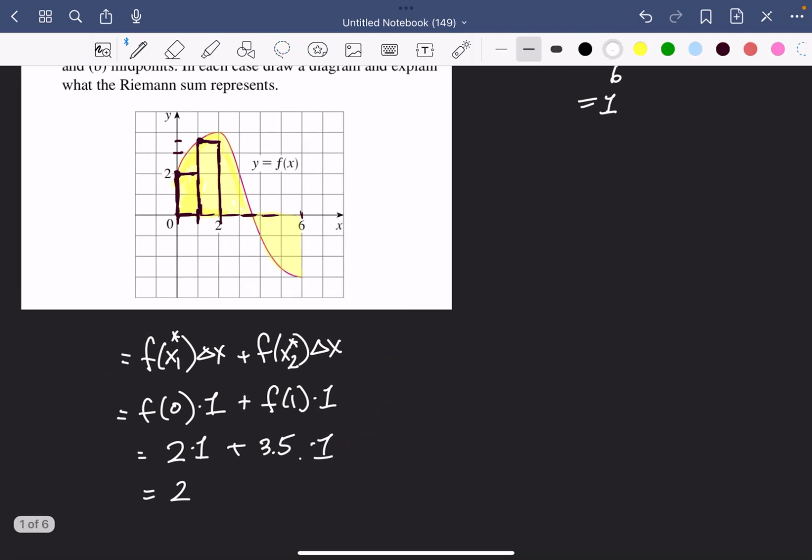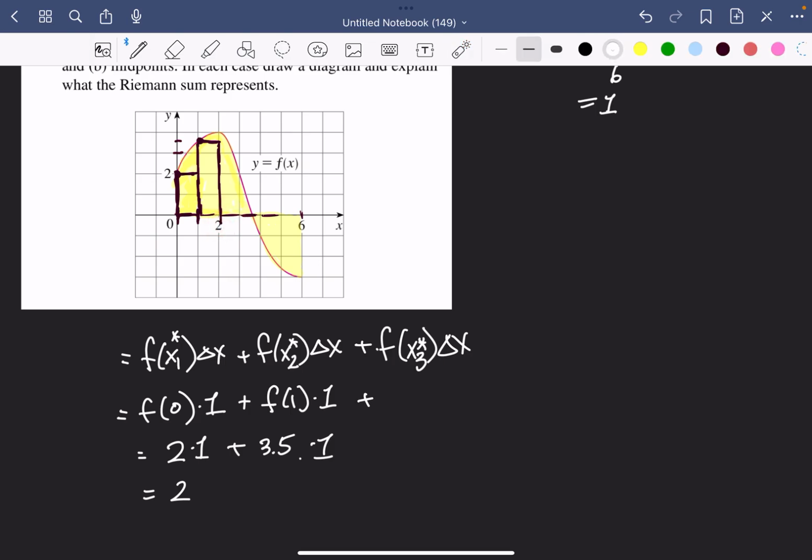So then we look in our third subinterval, and I take some x sub 3 star, some sampling point, inside of this third subinterval. If I'm going to take the left endpoint, this time the left endpoint is 2.